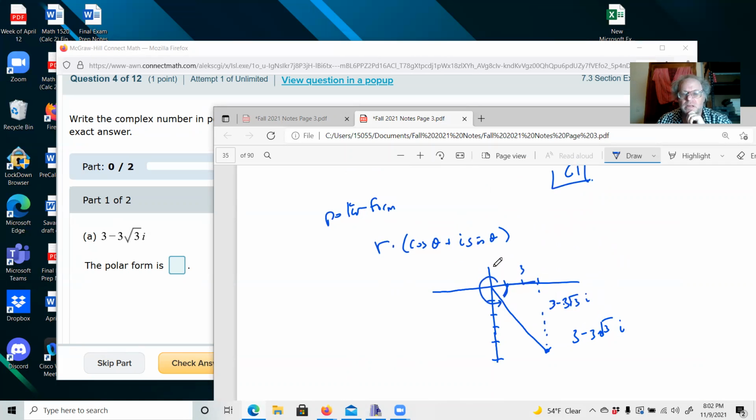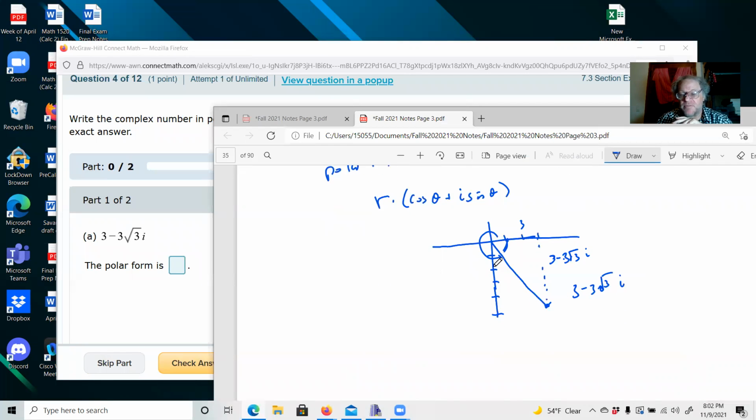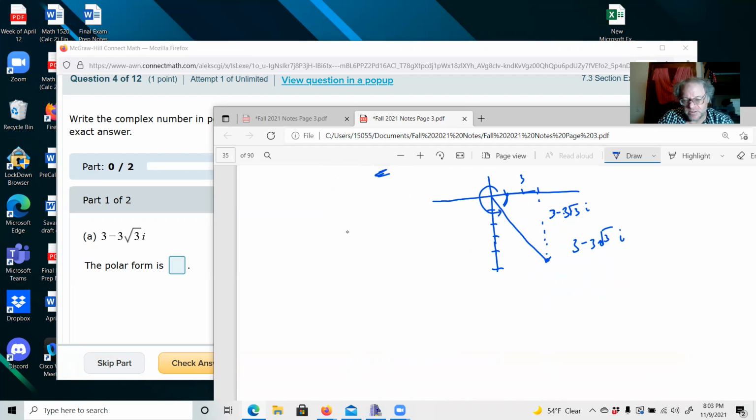So the first thing we have to do is figure out what the modulus is, because that's the r here. In order to get that, we're going to say r is equal to the square root of 3 squared plus 3 root 3 squared.